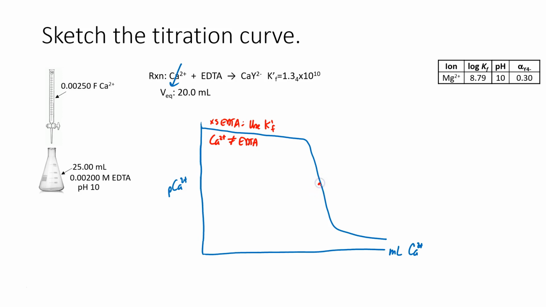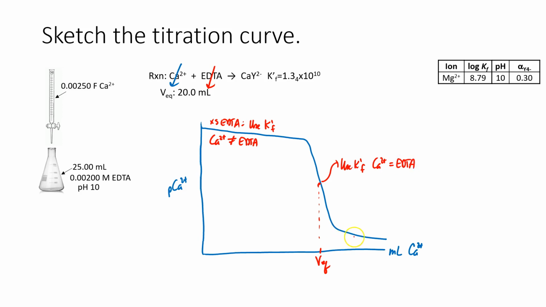Then you would reach the equivalence volume. That is where you've added just enough calcium to bind all of the EDTA. So you would use the conditional formation constant here, but this is where you would say that calcium equals the EDTA, just like it did before.